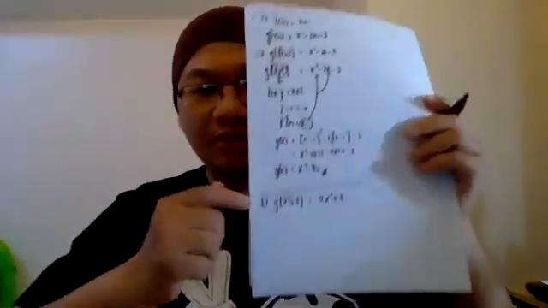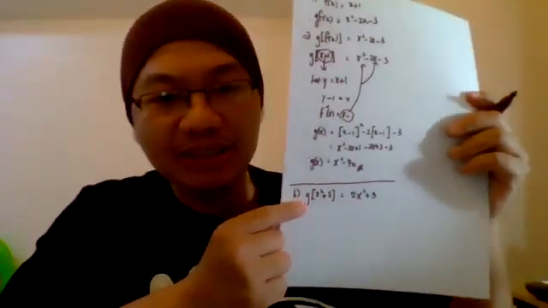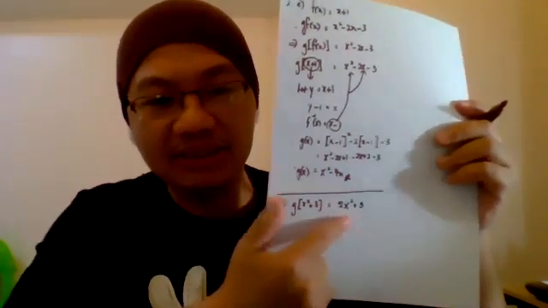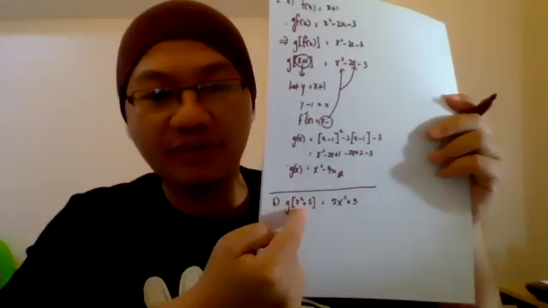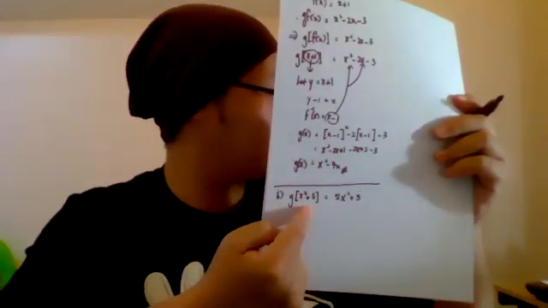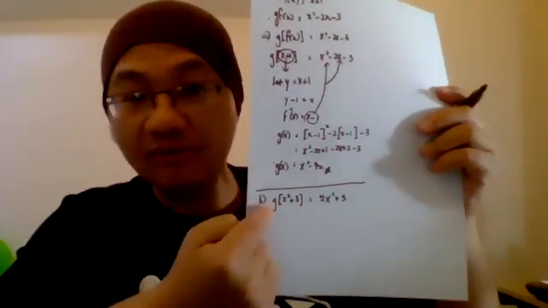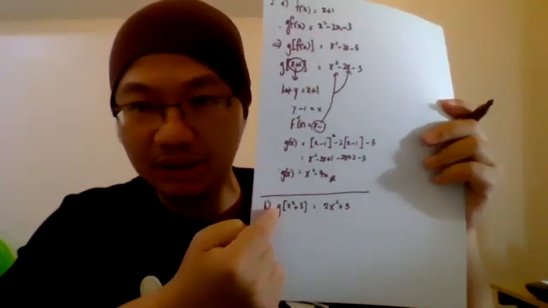So now the second question, 2B. The question gives you gf equal to this, and then you need to find the function g, and the function f is also given: x squared plus 3 equals 2x squared plus 3. Now you want to find the first function, the front function.